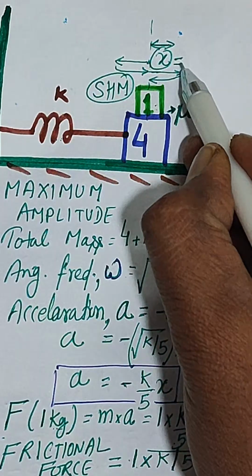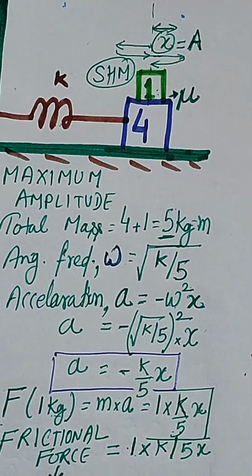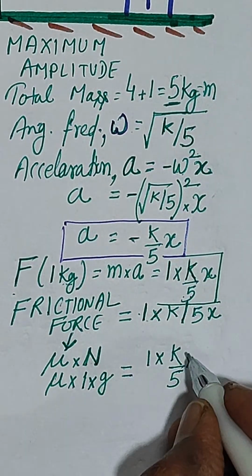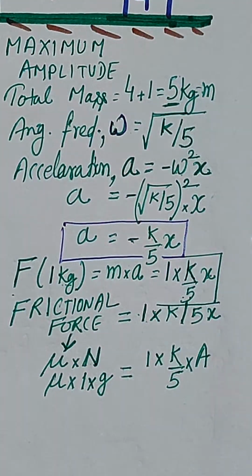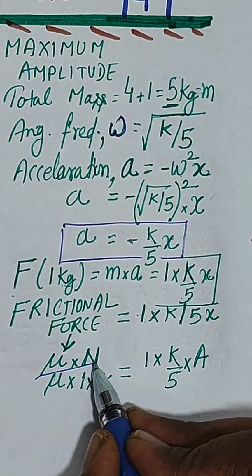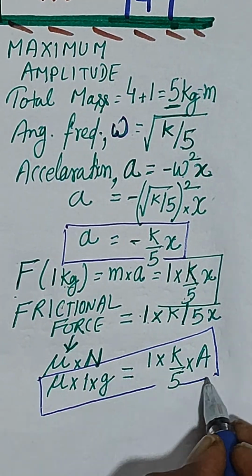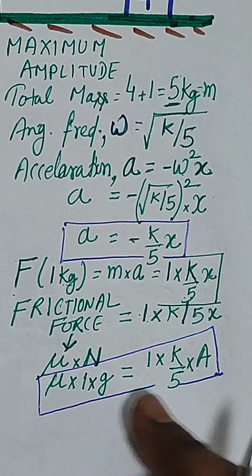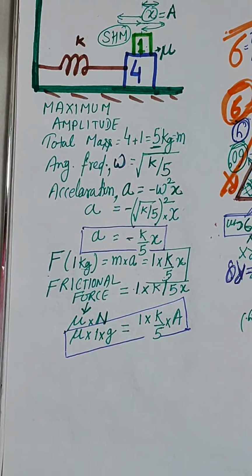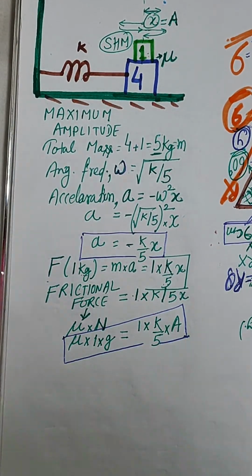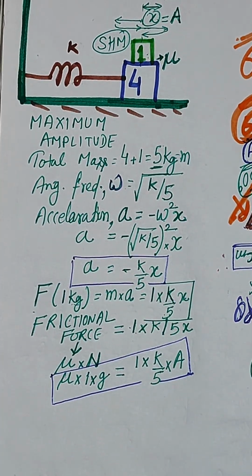For maximum displacement, x will be equal to A, that is the maximum amplitude. Then in place of x, just write A. So we have this equation with us: 1 into k by 5 A equal to mu times n. That is the frictional force. Let me zoom so this is visible to you.